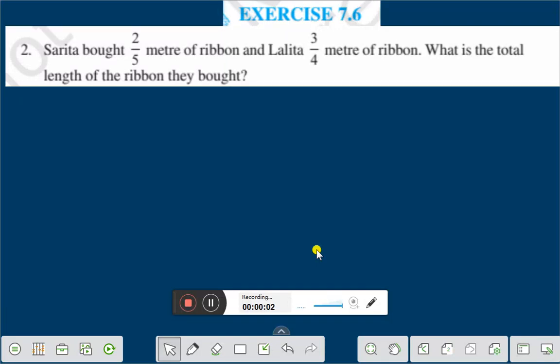Hello everyone. Today we shall discuss exercise 7.6 question number 2. Sarita bought 2 by 5 meter of ribbon and Lalita 3 by 4 meter of ribbon. What is the total length of the ribbon they bought? Here you see.